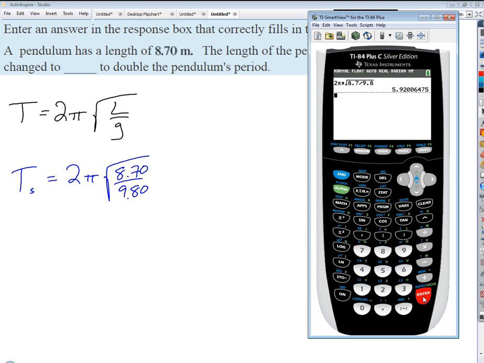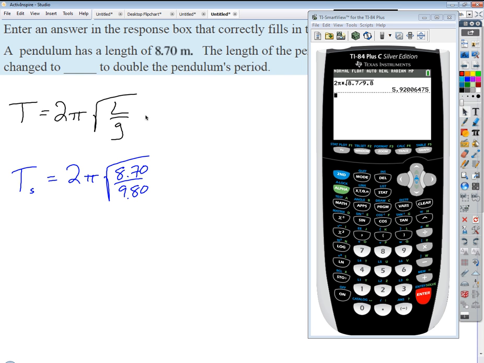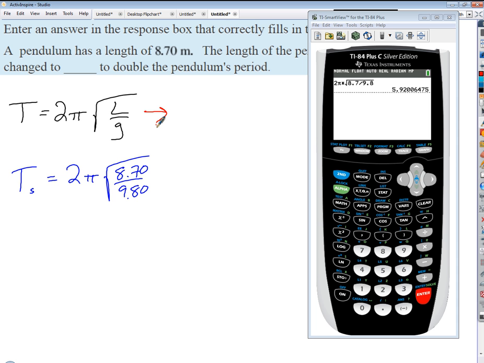So now if we want to find the length associated with double that period, we'll go back to our original equation and plug in 11.84 equals 2 pi times the square root of L over 9.8, right?